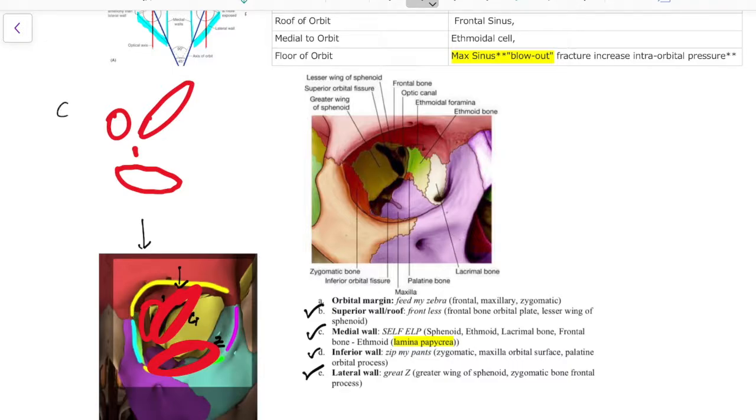So the optic canal can have the cranial nerve number 2, we have the optic nerve, we have the ophthalmic arteries. Then we have the superior orbital fissure that will get all cranial nerves from 3, 4, V1, and 6, as well as the superior ophthalmic vein.